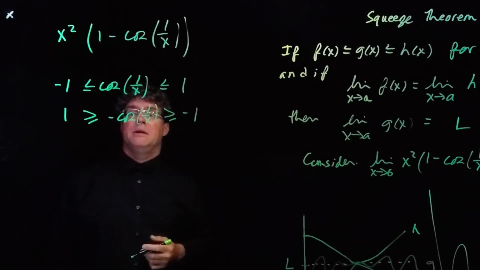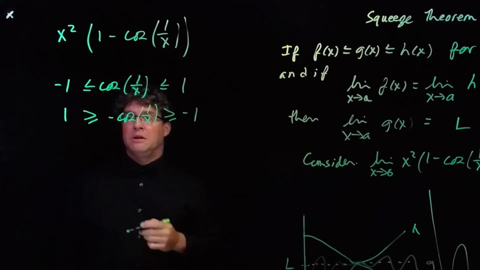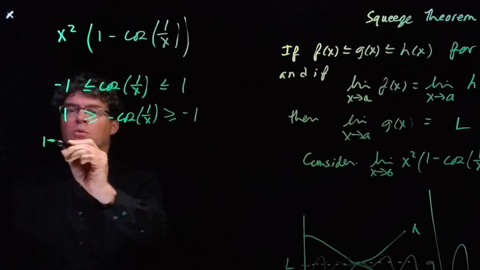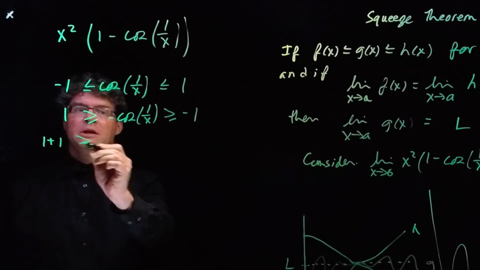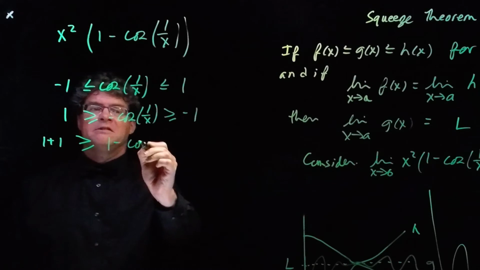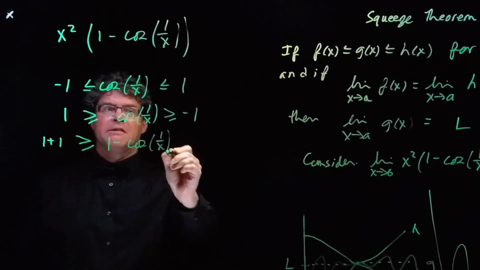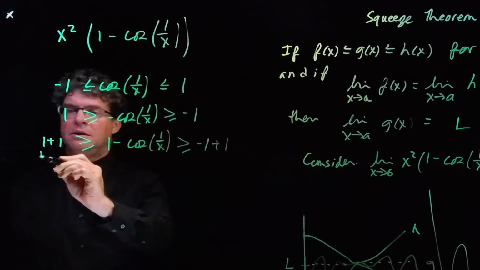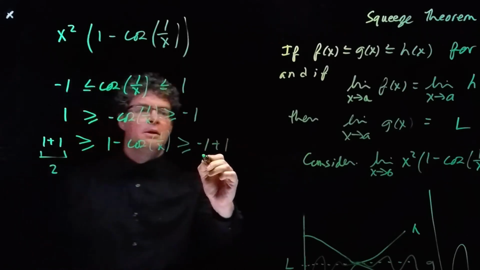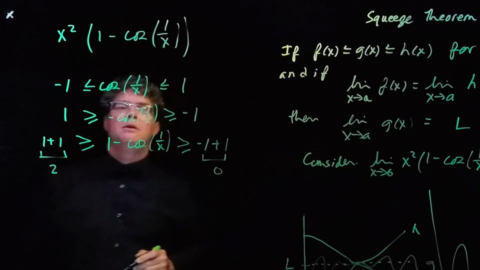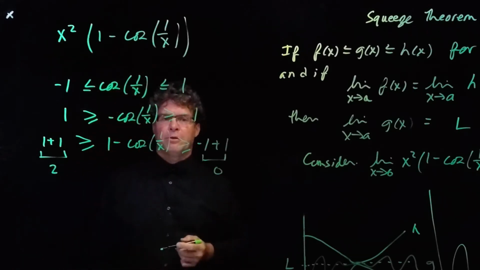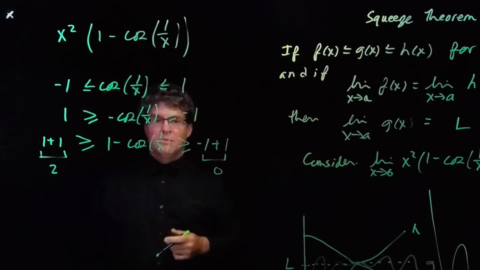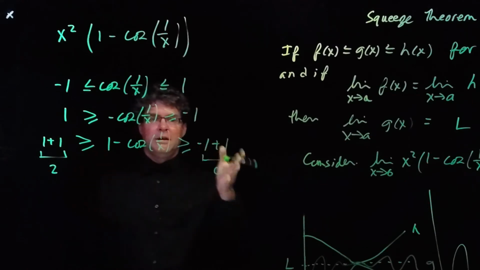Now we'd like to add 1 to this inequality. So we have 1 plus 1, which is equal to 2, is greater than or equal to 1 minus cosine 1 over x is greater than or equal to minus 1 plus 1. And so this is 2 here, and this is 0. So 1 minus cosine 1 over x lies between 2 on the upper end and 0 on the lower end.